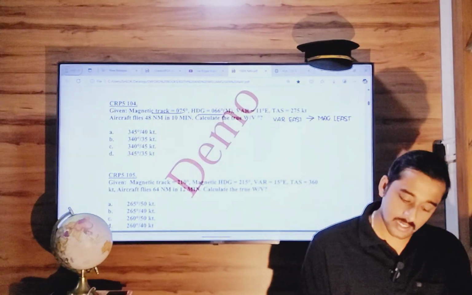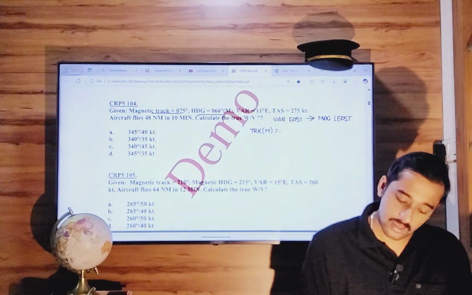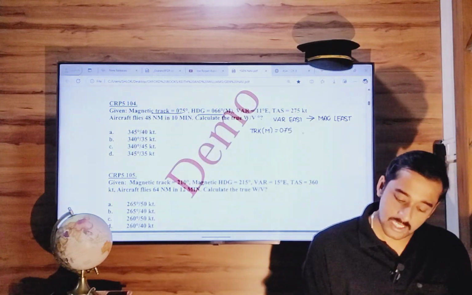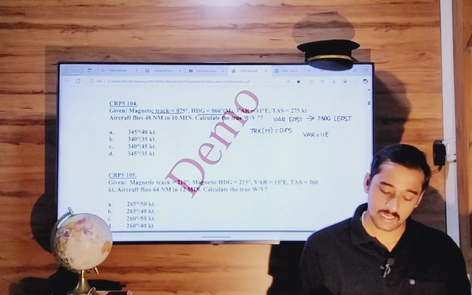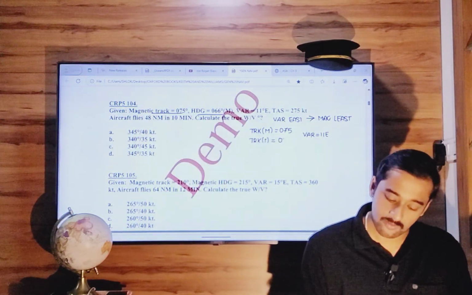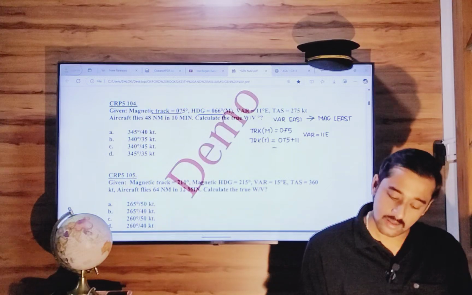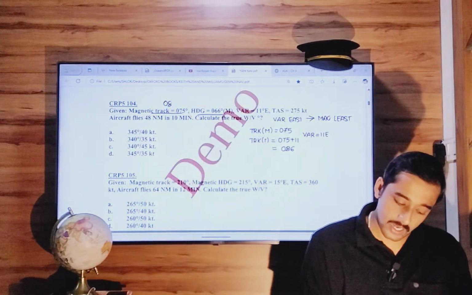Now here magnetic track is 075. Variation given is 11 east. Variation is east, magnetic least, that means true direction will be more than magnetic. So 075 plus 11, 086. Okay, that is your true track.